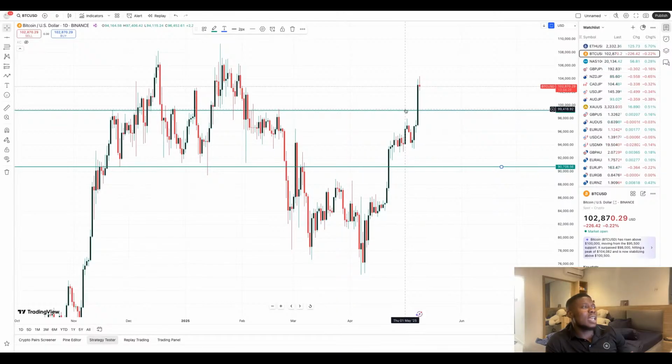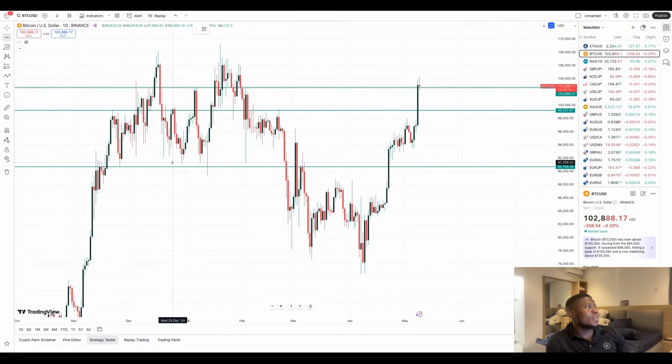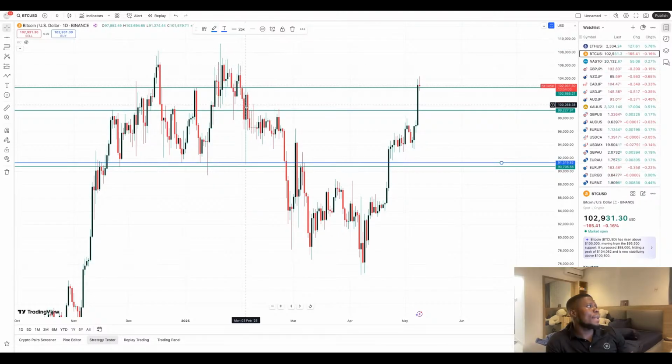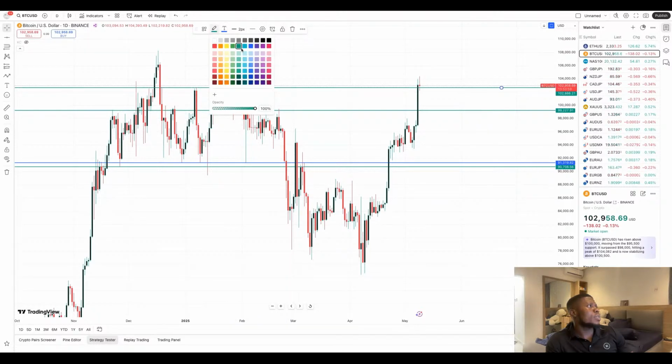Even here, BTC has entered an uptrend. If you're using this cycle, I would identify them by colors. I will change the color, okay, let me use blue to demarcate.